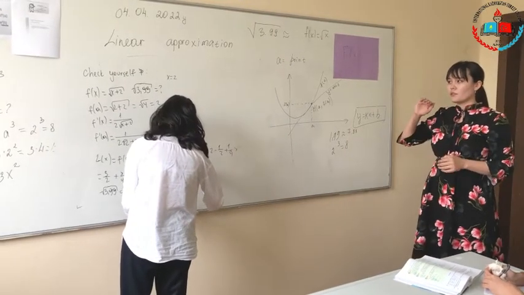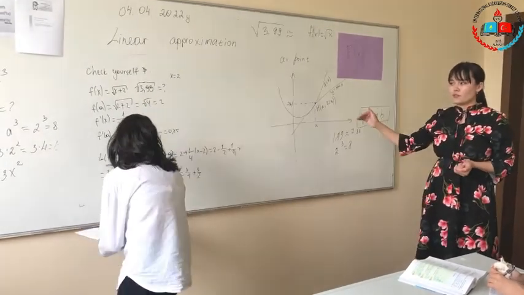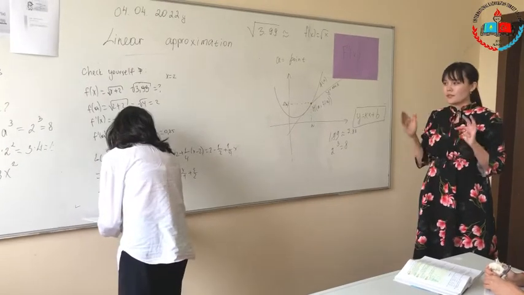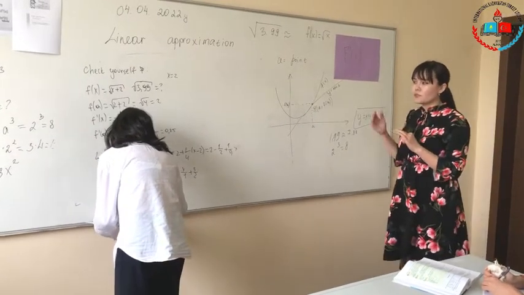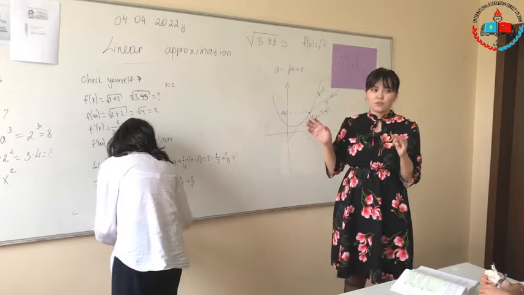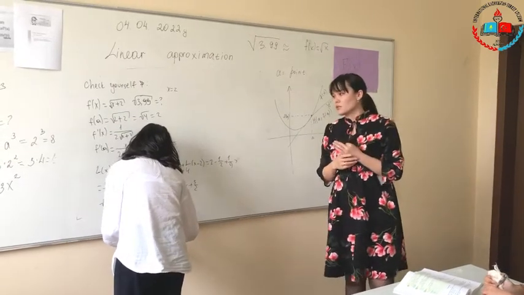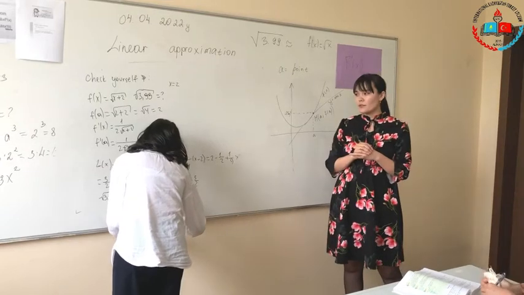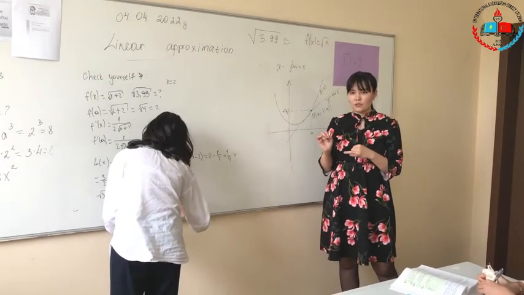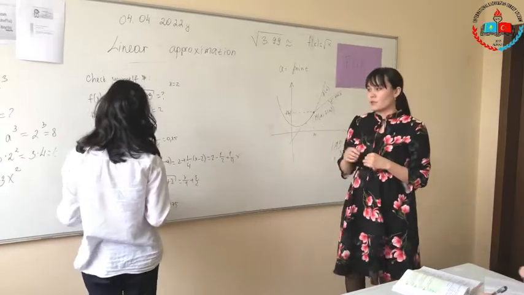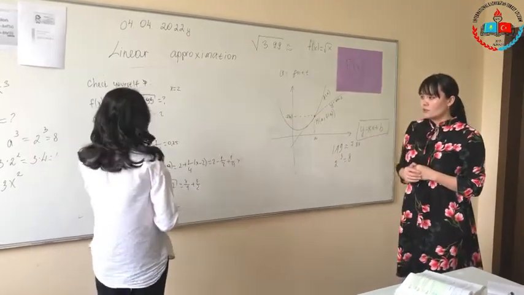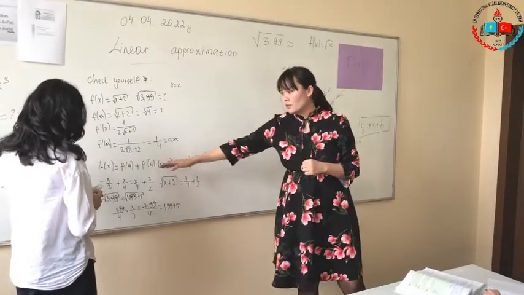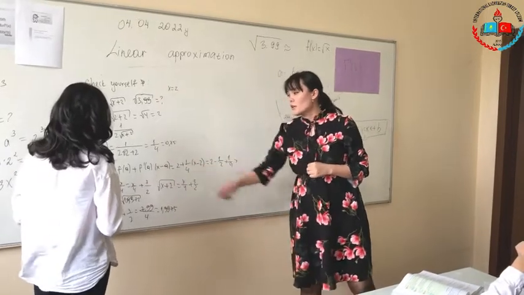First step is you will find the meaning of the function at the point A. Second step is you will find the derivative of the function, any function, doesn't matter what the function is. The third step is finding the meaning of the derivative of the function at the point A.